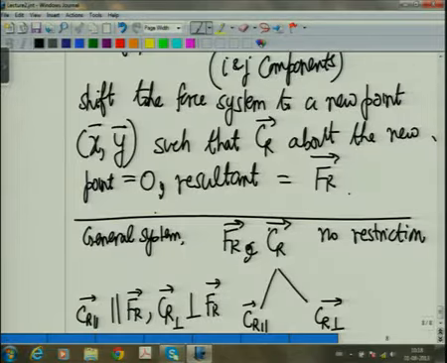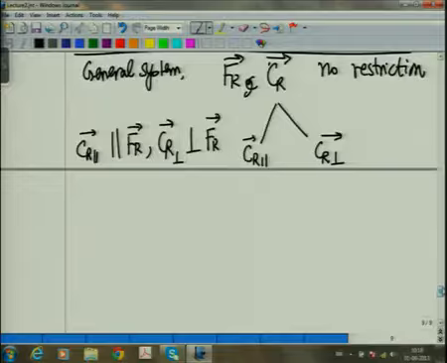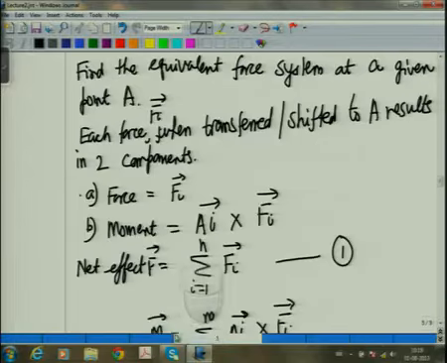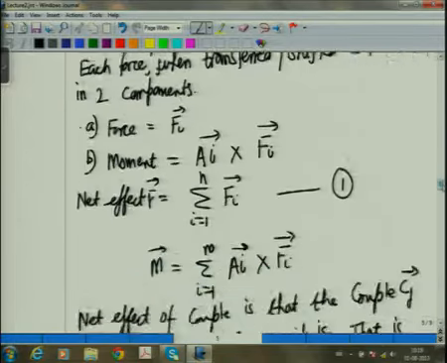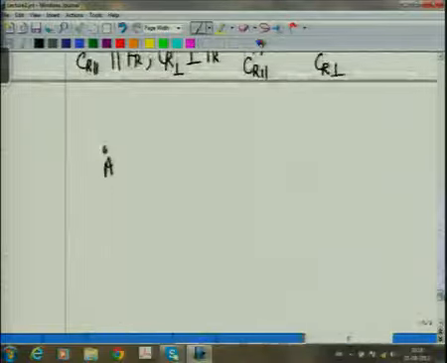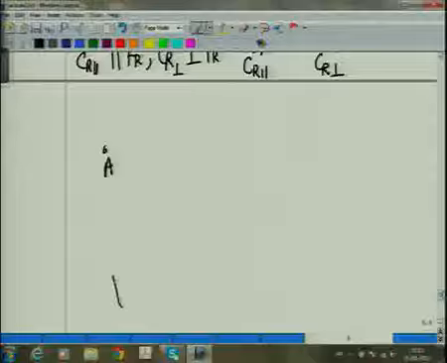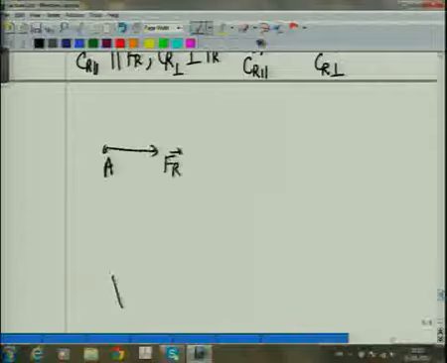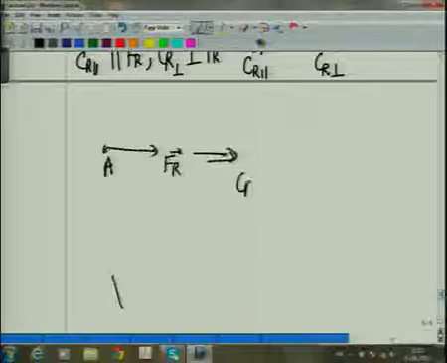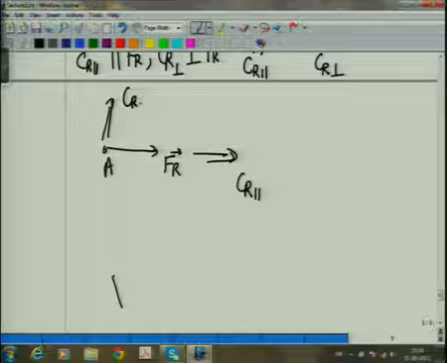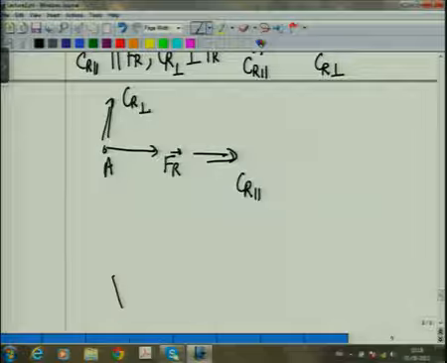So maybe I can just complete the argument. At a point A, I have FR, I have CR parallel, and I have CR perpendicular.